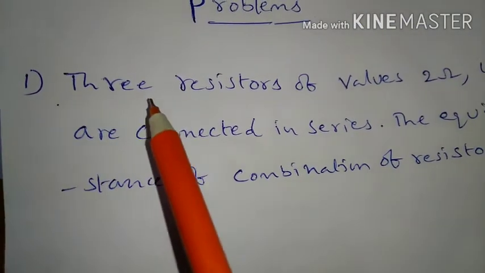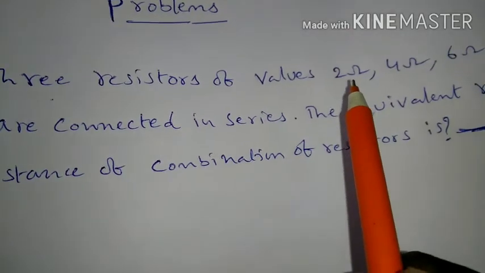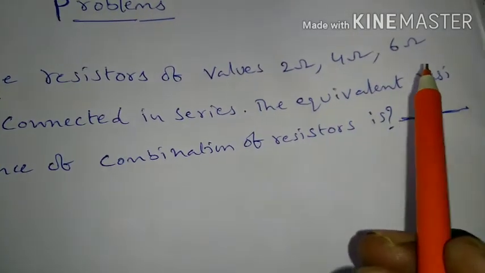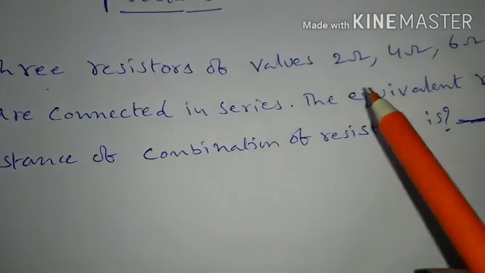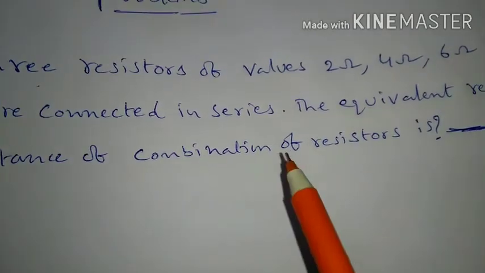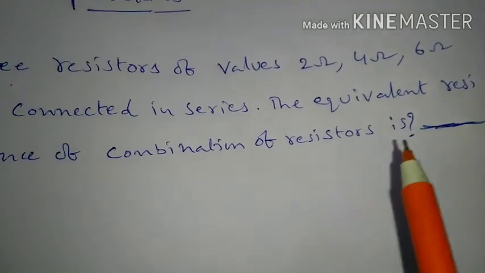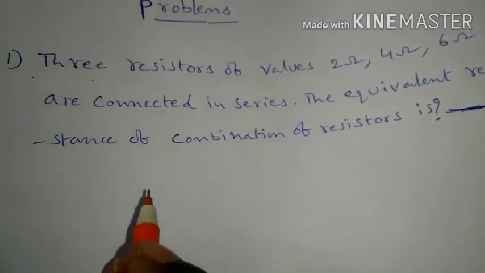First problem: three resistors of values 2 ohm, 4 ohm and 6 ohm are connected in series. The equivalent resistance of the combination of resistors is? Solve the problem.